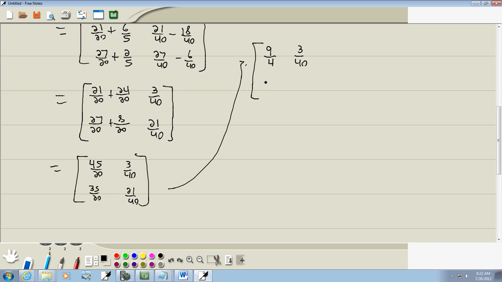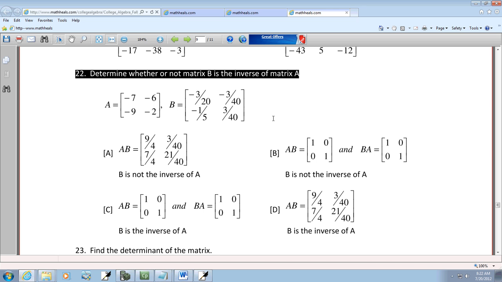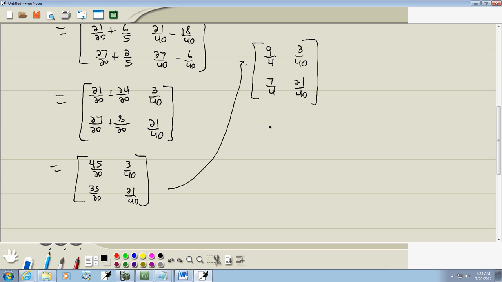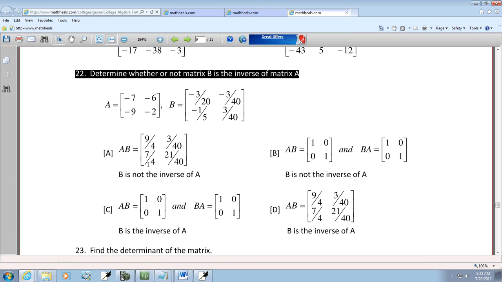This is 3/40, and 35 over 20 is both divisible by 5, so that gives us 7/4 and 21/40. And just seeing if I multiplied everything correctly. Yeah, I did. Since this is not a diagonal of 1s, 0s everywhere else, then no, they're not inverses of each other. And the reasoning is because of A.